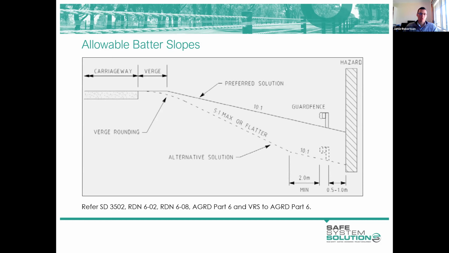That's all about vehicle trajectories as the vehicle goes over that hinge point and the bumper rides up. To achieve this bottom situation, we'd be looking at offsets in the order of 8-10 metres or something like that, which is not desirable. A much better situation would be to locate your barrier up on the verge here.